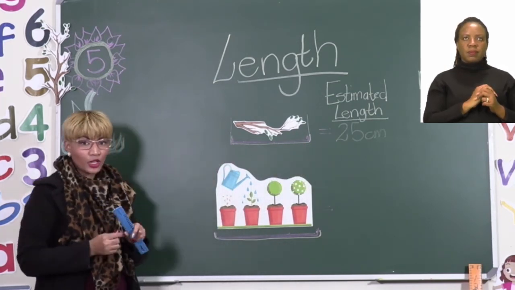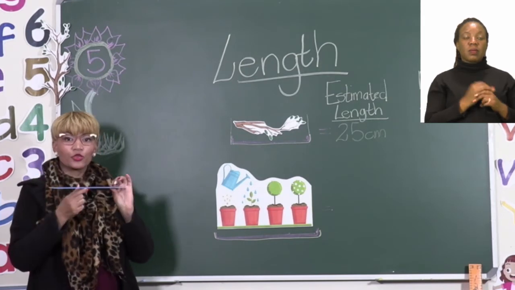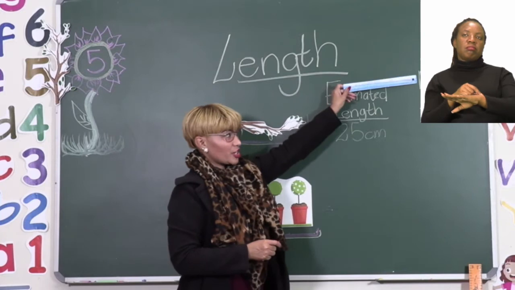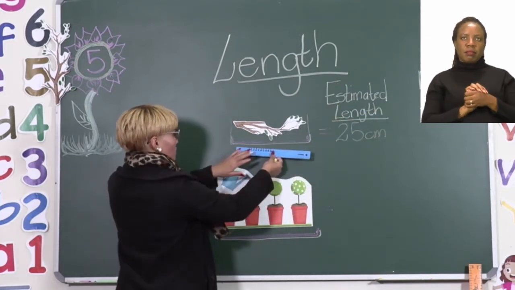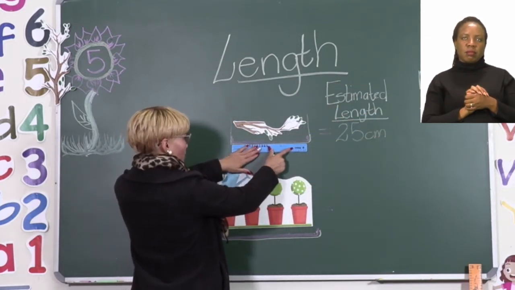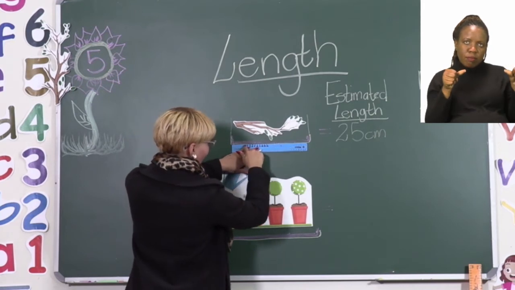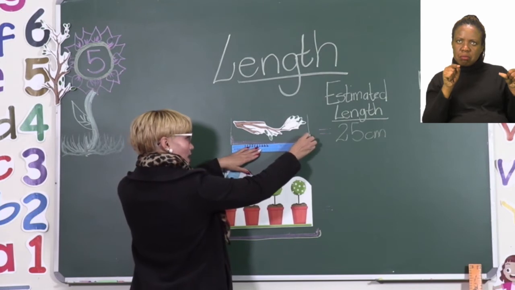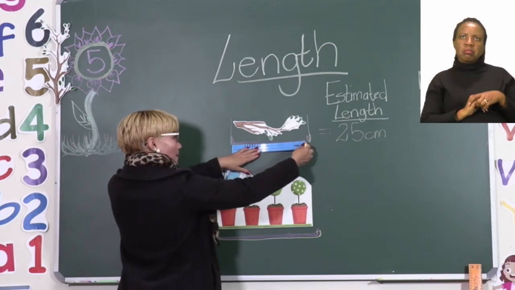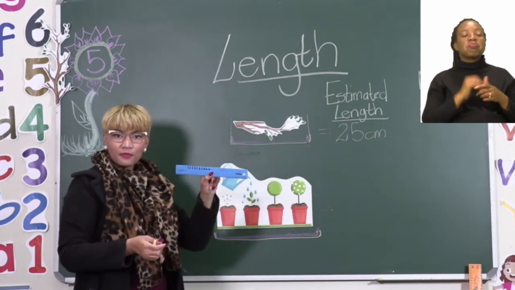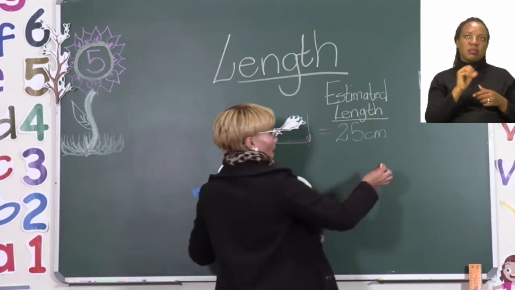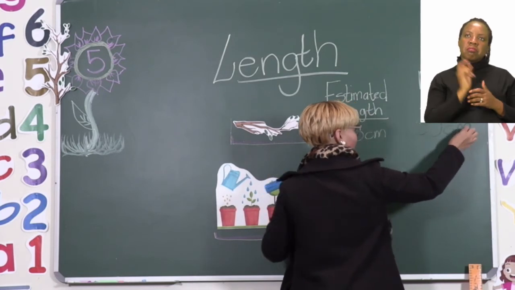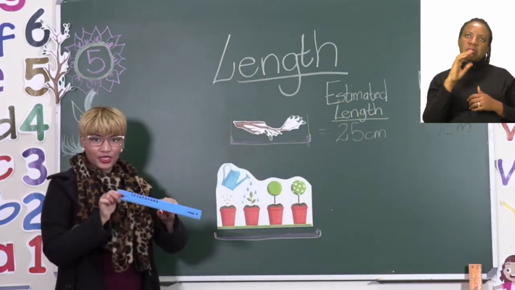So now I will go ahead and measure it to see what the correct measured length is. I put my ruler down and I count and count and I see this one is 30 centimeters. So my measured length here will be 30 centimeters.